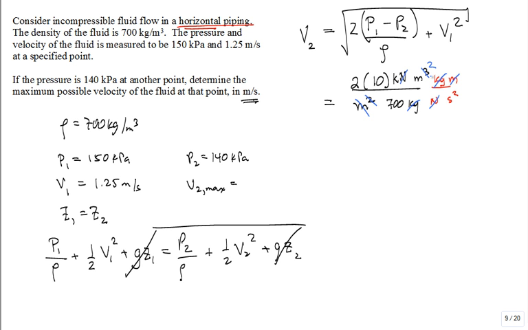That's what we're going to be left with, this kilo. So let me put the kilo here and 1,000 there, because a lot of people will forget that factor of 1,000. Okay, let's finish out with the plus 1.25 meters per second, parentheses squared, square root the whole thing.